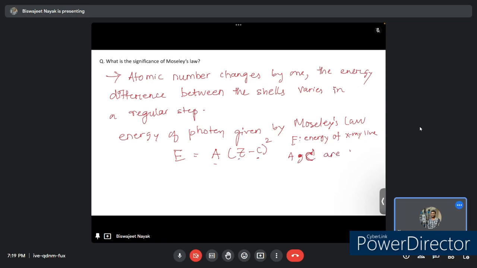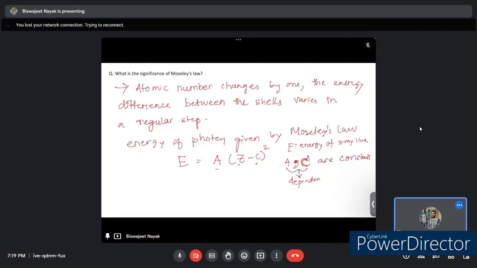A, C are constants, and they are dependent on whatever shells they are coming from, on shells K, L, M, and this Z is basically the atomic number.